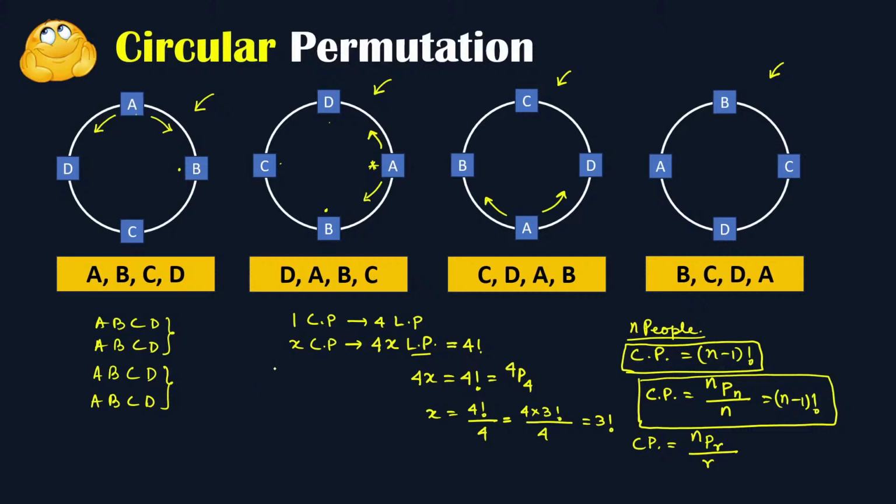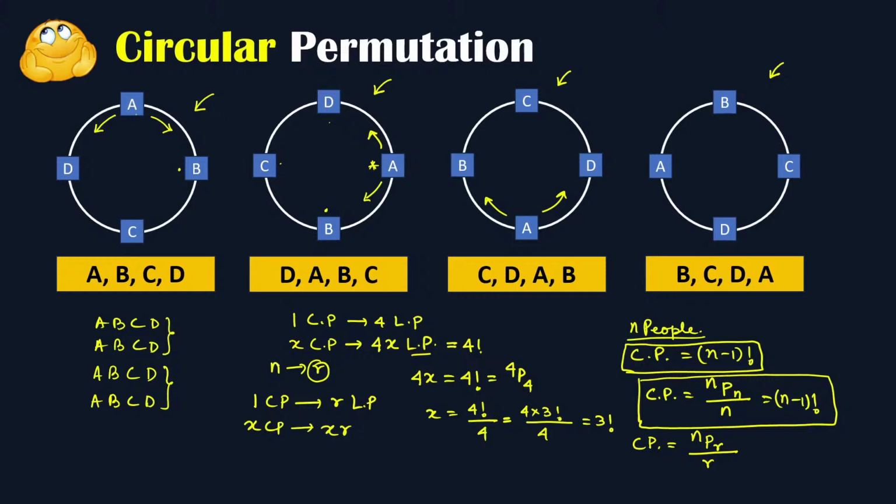Because it is the same thing. You see, if there are n people, you have chosen r people. So actually you are arranging r people around the circular table. So for one circular permutation, there will be r linear permutations. So if I say that there will be x such circular permutations, then the total linear permutation will be xr.